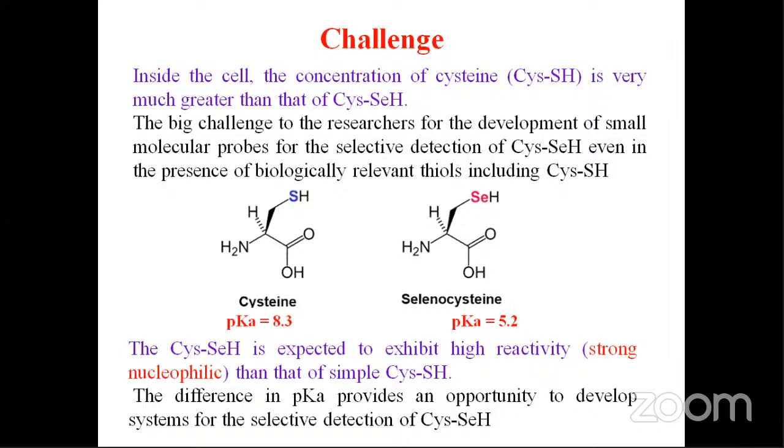All of you know that a lower pKa value means a stronger nucleophilic nature, so compared to cysteine, selenocysteine can act as a strong nucleophile. This difference in pKa value provides a good opportunity for researchers to develop molecular probes for the selective detection of selenocysteine.